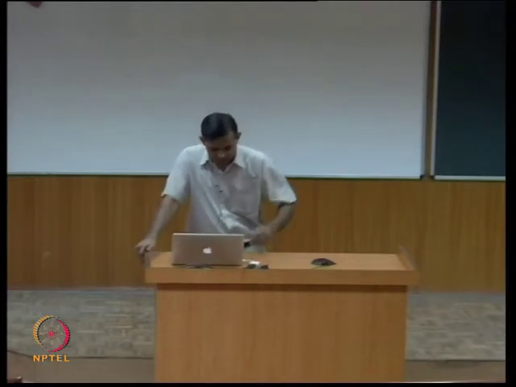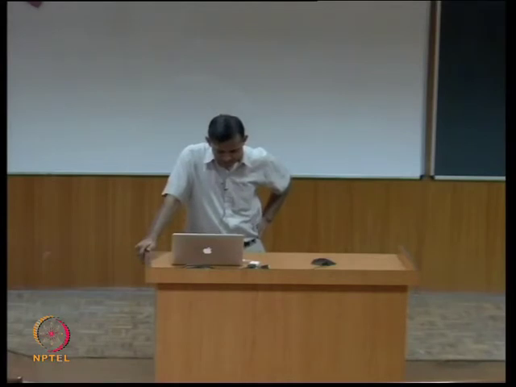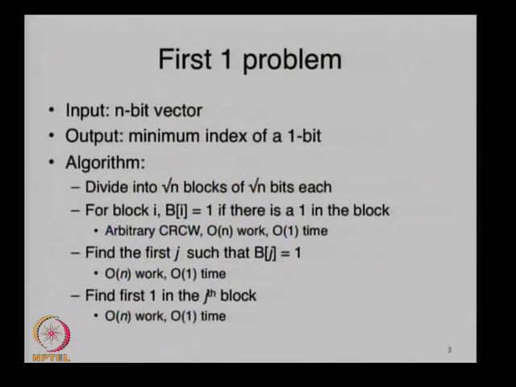So for a block of root n, there will be n processors, and there are root n such blocks, so n root n processors are involved. Did I say something incorrect? At the lower level only root n processors are required, because we are just checking if it is a 1 and not finding the first one in the root n block.